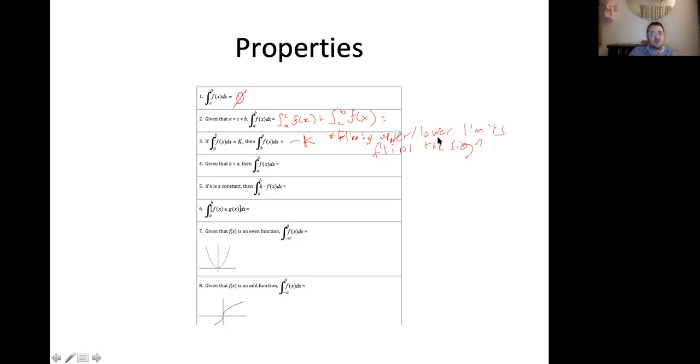All right, and then this one says, given that b is less than a, if you have that type of situation, then what we can simply do is flip the limits of integration and then put a negative sign.